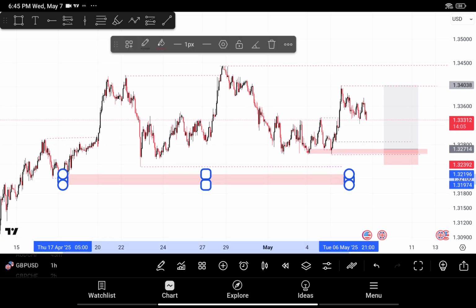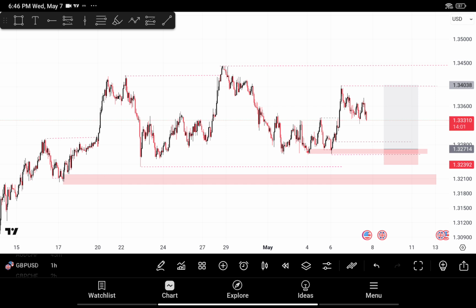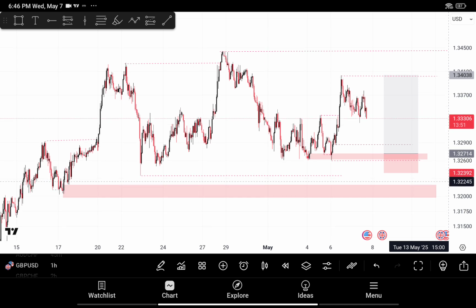But the reason why I also have this zone behind me is, if this zone gets broken, that means this serves as an inducement, then I expect this zone to hold. Now let me take you step by step through how I do my analysis. I'm waiting for price to tap into this zone and I will just go boom.